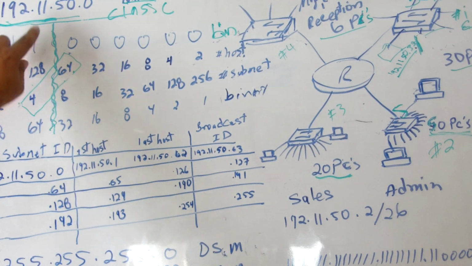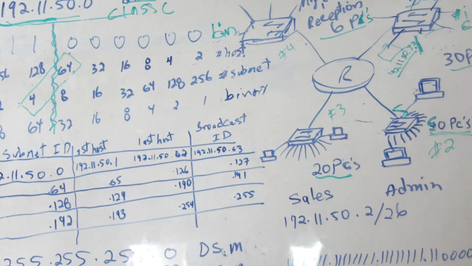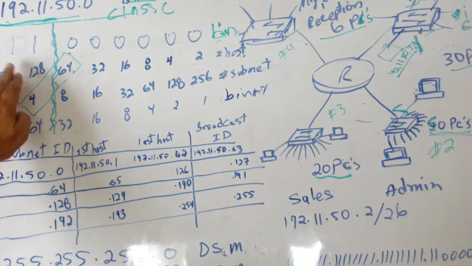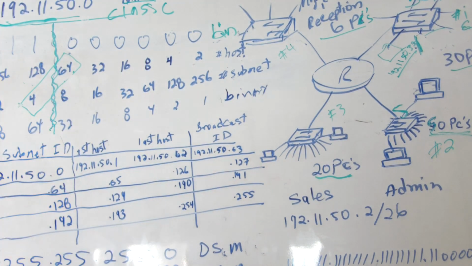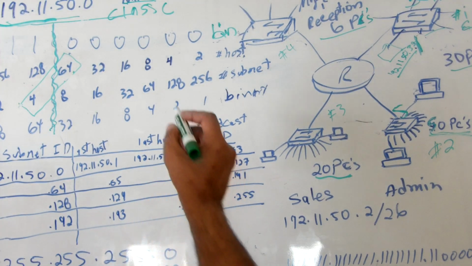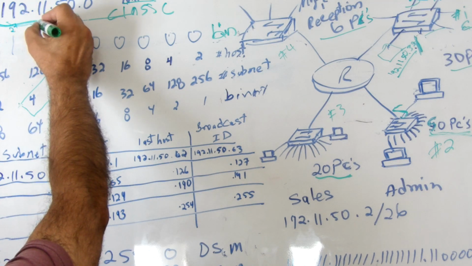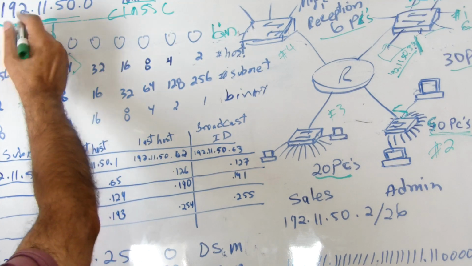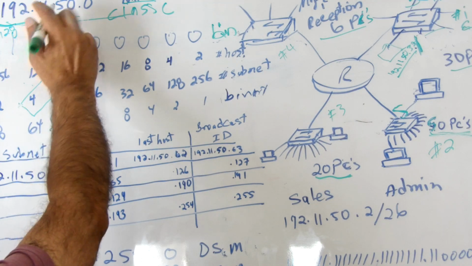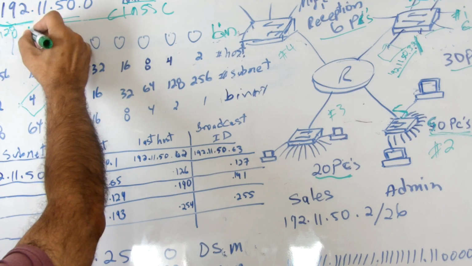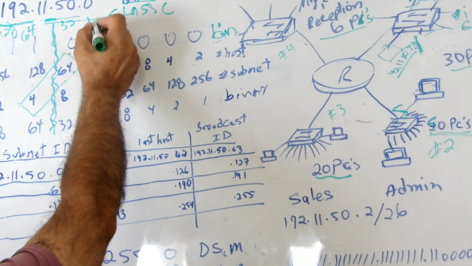When we found out that we have 4 networks and at least 64 hosts in each subnet, we drew the line, and here we write 00 as a binary number, which was 2 to the power of 7, 2 to the power of 6, which means 128, 64, and then 32, and 16, and so on.